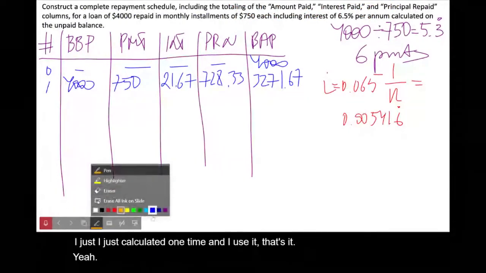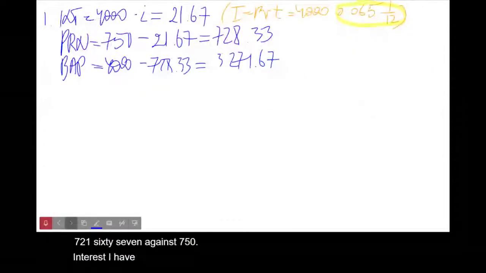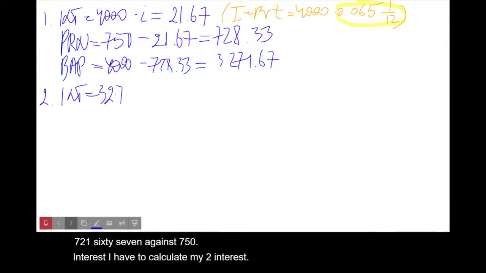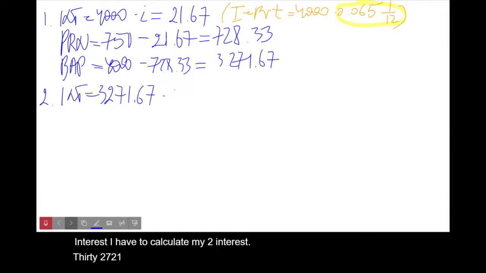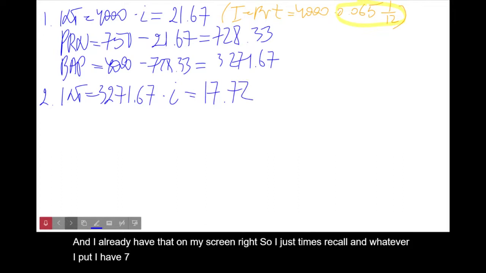So line 2, 3271.67, again 750, and interest I have to calculate: line 2, interest is 3271.67 times I, and I already have that on my screen, right? So I just multiply by recall, and whatever I put, I have 17.72.